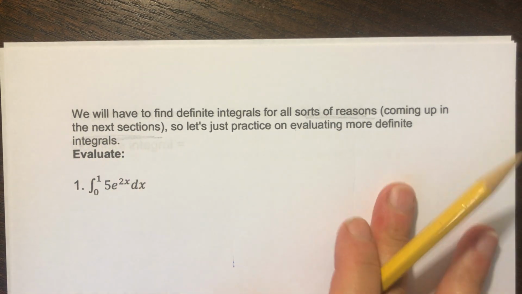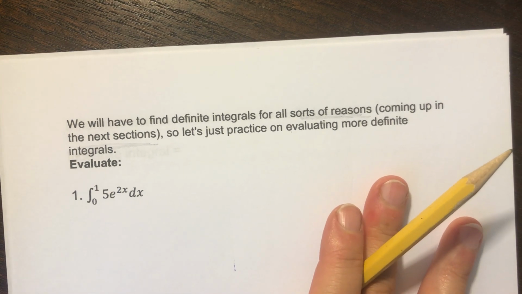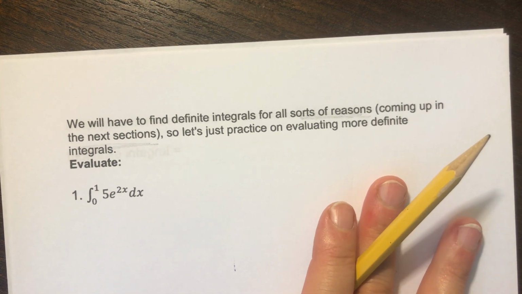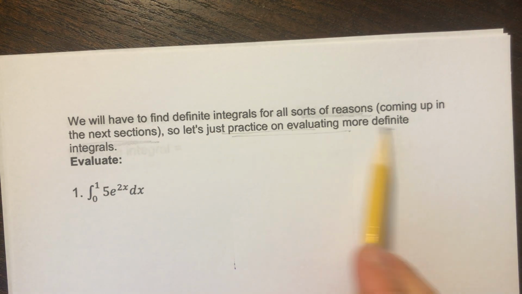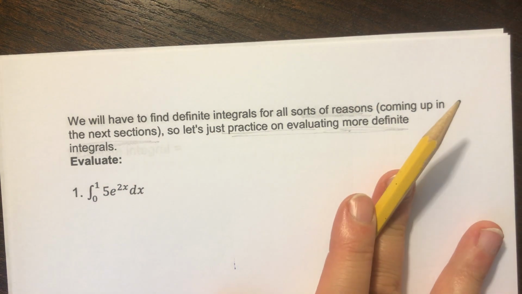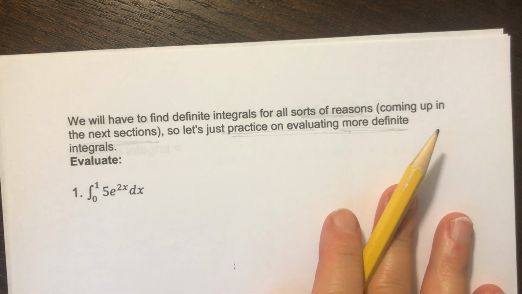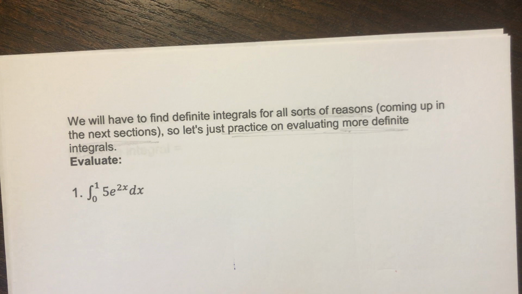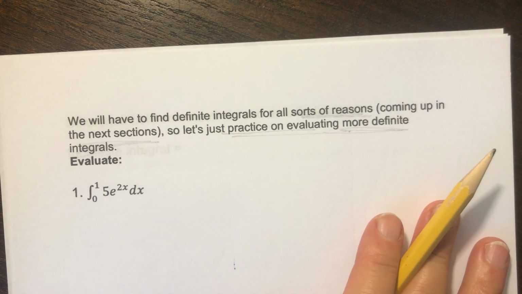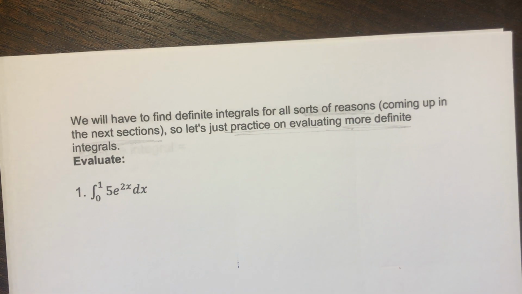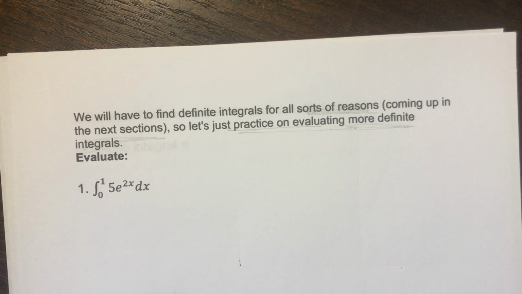We are going to see what applications we find for definite integrals. So what we want to do is just practice on evaluating more definite integrals, right? So for whatever reason, maybe it's area reasons, maybe it's accumulated value in an account, maybe it's distance traveled over a period of time, or whatever else we might see is going to come our way. Total cost, right? Or total profit made from selling between 100 and 200 units or something like that.